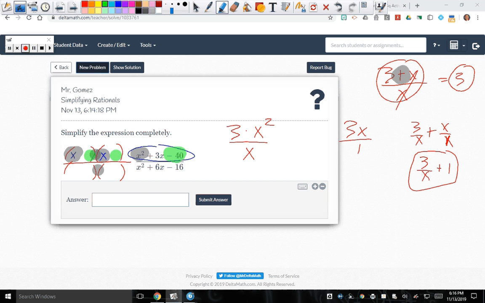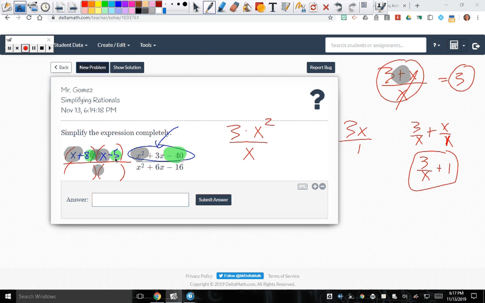So I need 8 and 5, or 1 and 40, 2 and 20, 4 and 10, right? So I want them, whatever I choose, to also add or subtract to give me 3. So 8 and 5. So it'd be, oh, and negative 5, not 3. Yes. Nice job. So here we go again.